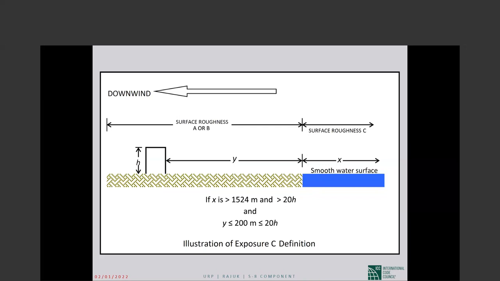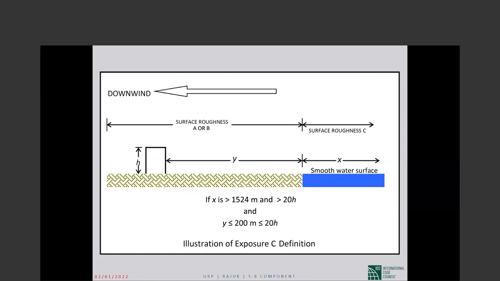The cyclone-prone region was excluded, so it has to be calm ocean. Anyway, the point I'm trying to make is that on a river, if your site is on a river, you probably will not have exposure C. It is not a large enough body of water. The body of water has to have this minimum extent of 1524 meters or 20 times the building height.